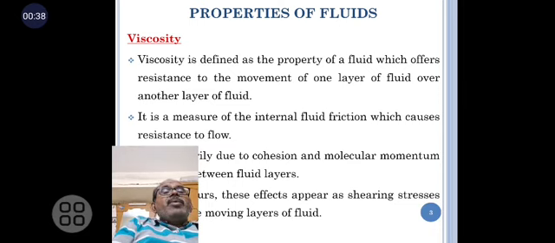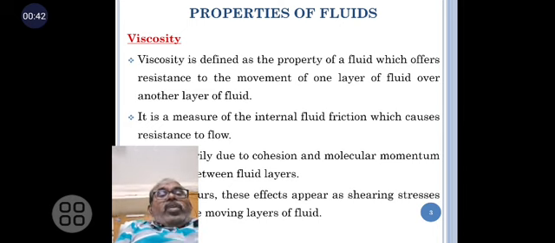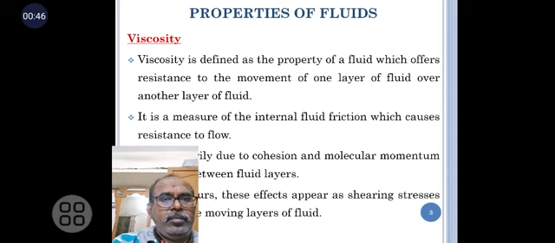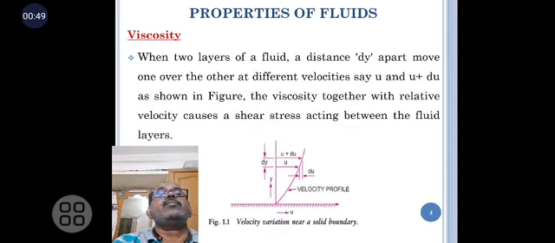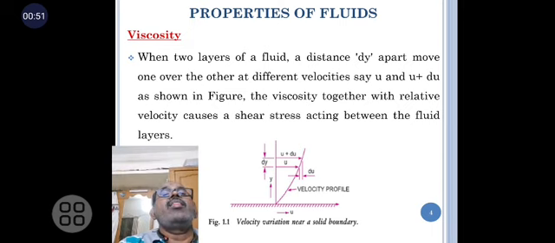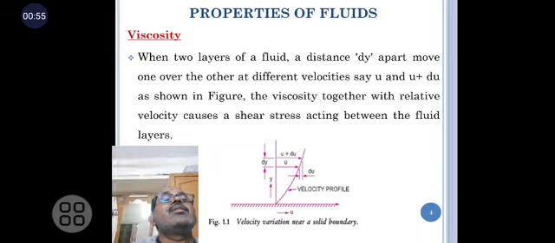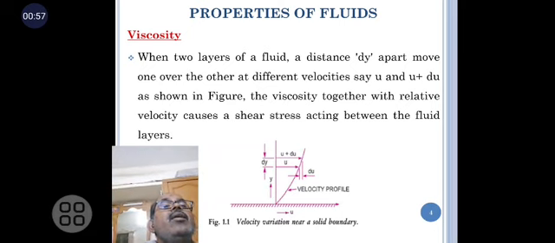These effects appear as stresses between the layers of the fluid. Next, consider two layers of fluid a distance dy apart.